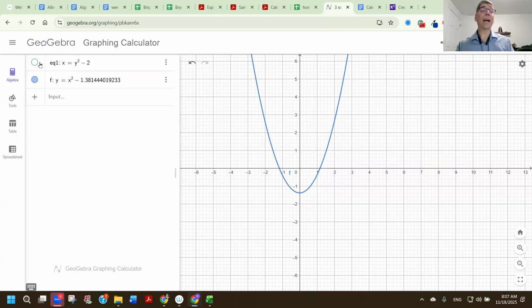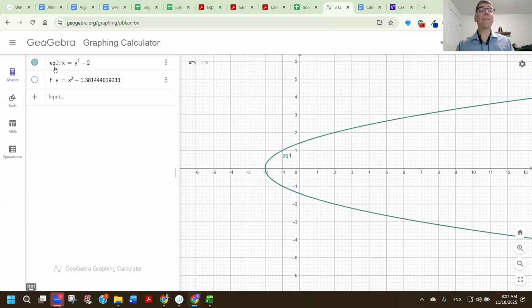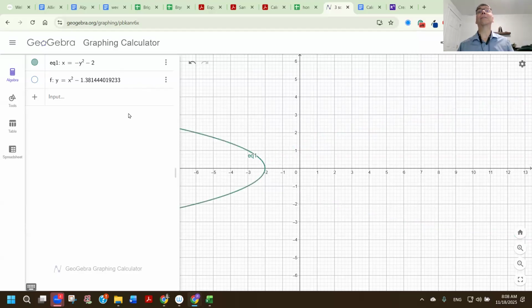In the other one, we are solving for x, and y is the quadratic, so the parabola goes the other way.